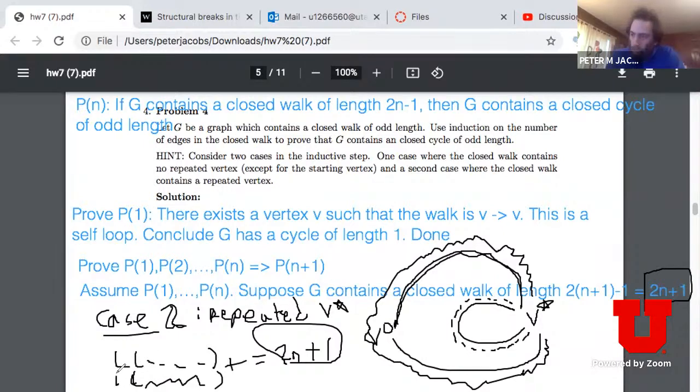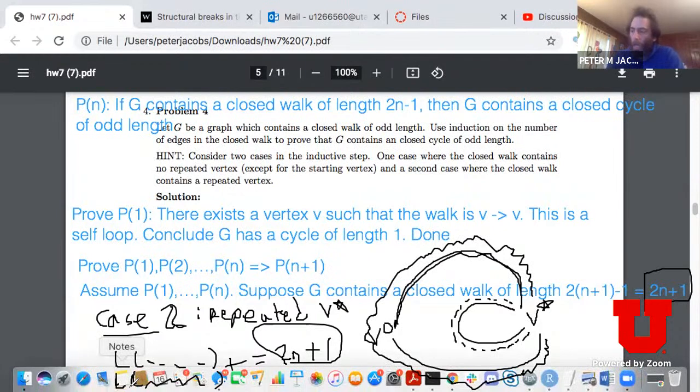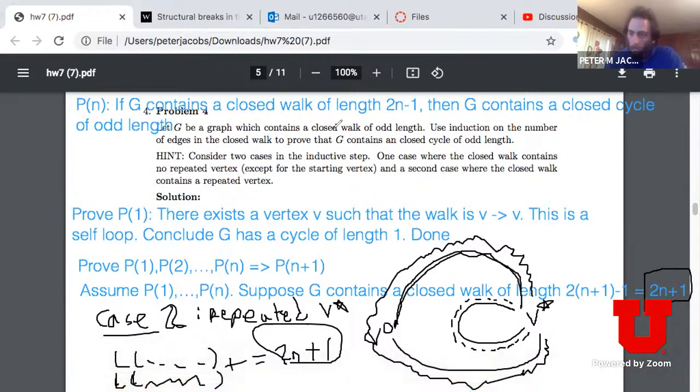And then what you should think about and write down when you're writing down your actual solution is that, well, first of all, it's clear that these two walks have a length which is no more than 2n plus 1, because these walks partitioned the entire walk. They were sub-walks of this larger walk. So they have length which is less than or equal to 2n plus 1.